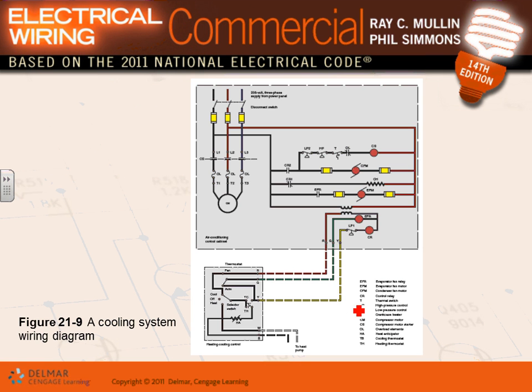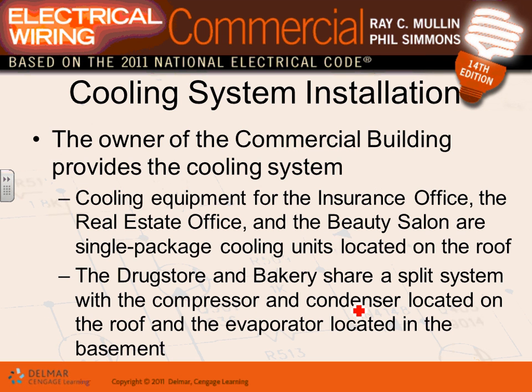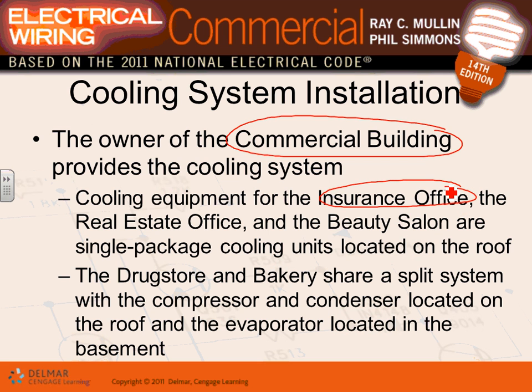We'll talk about this one. This is a control circuit, guys, that ties all the compressors into all these systems. I'll talk about it in a second here. Okay. In the commercial building that we have in the book project, not your project, we have cooling equipment. They have two different types of cooling system. Cooling equipment for one system is for the insurance office and all these locations.